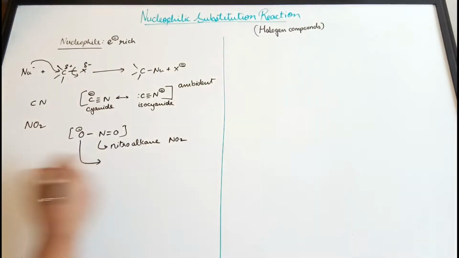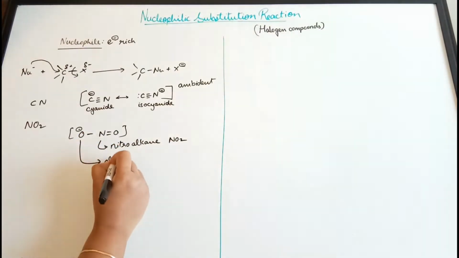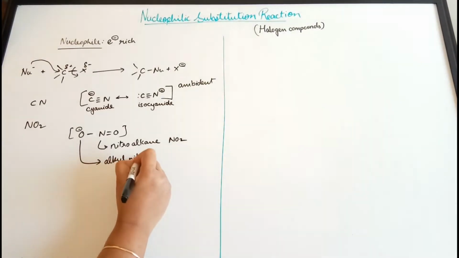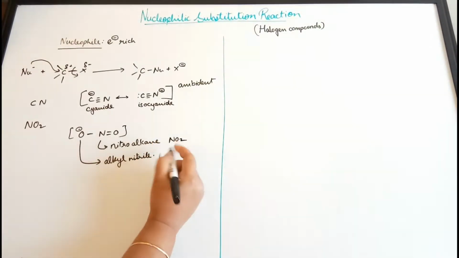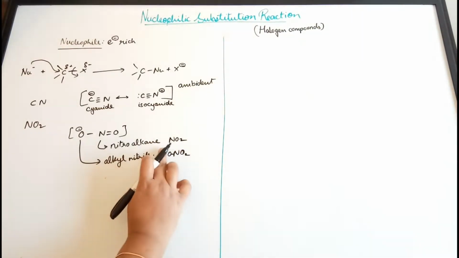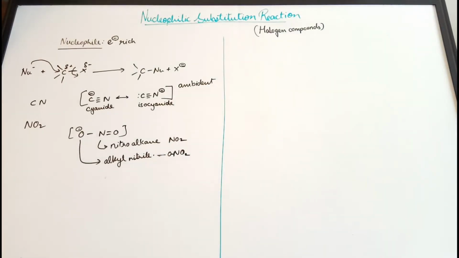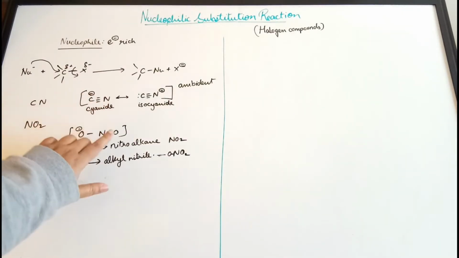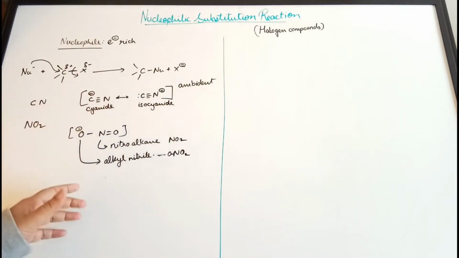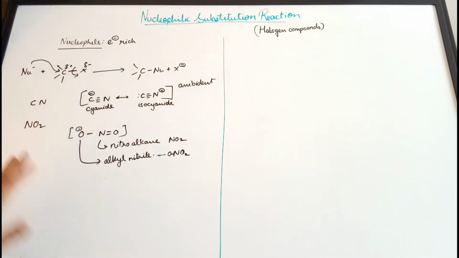Whereas if the oxygen attached, you will get an alkyl nitrite. It will attach as ONO2, so the oxygen is the one getting attached to the carbon atom. So these two nucleophiles are acting as ambident because you have two positions or two atoms to which the carbon atom can get attached. So that is all about the nucleophilic substitution reaction in brief.